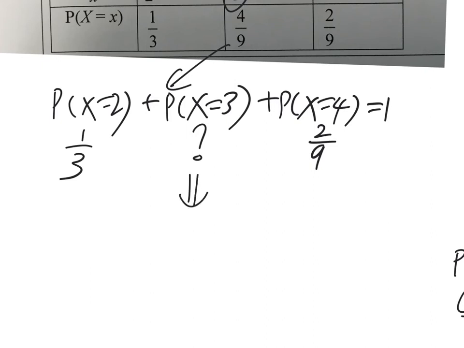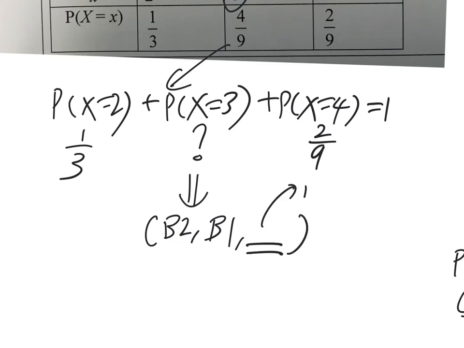Another way is to work out step by step. To reach 3 draws, it should be B2, B1, and for it to end on the 3rd draw, the last one must be a repeat. So the first draw can be any ball, the second draw must be different, so 2/3, and finally the last one must be a repeat.